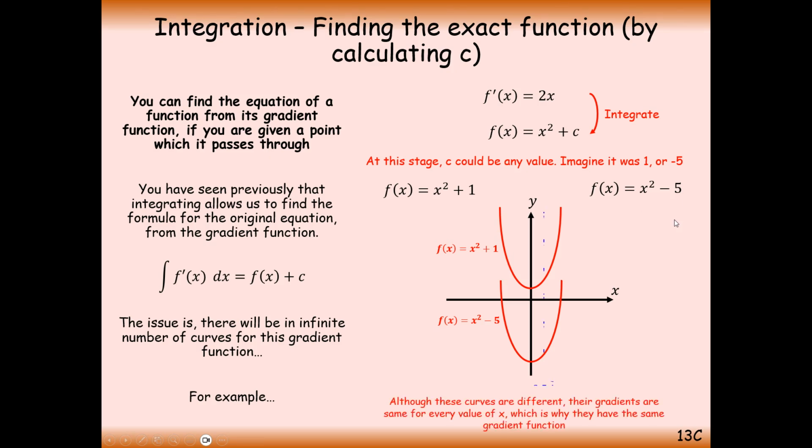So we wouldn't have known which graph the derivative 2x came from, the top graph or the bottom graph, or any other curve similar to x squared. As long as it had the x squared in it, that's what we're sure about. So when we integrate 2x, we write x squared plus c.